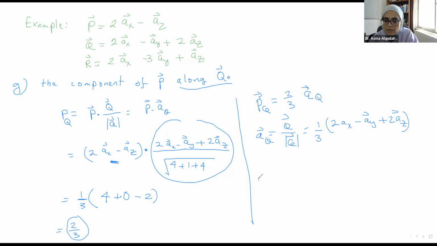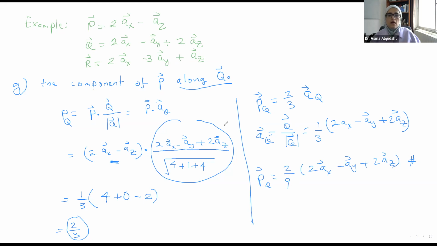So P sub Q as a vector should be equal to 2 divided by 9 times 2a sub x minus a sub y plus 2a sub z.